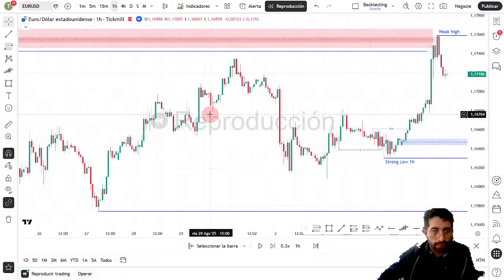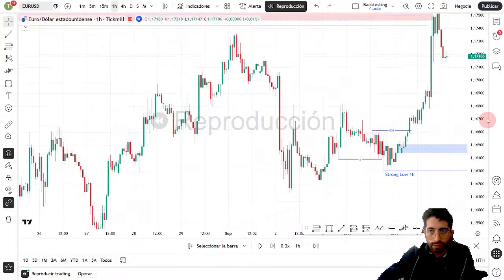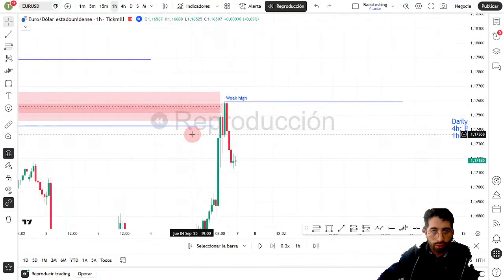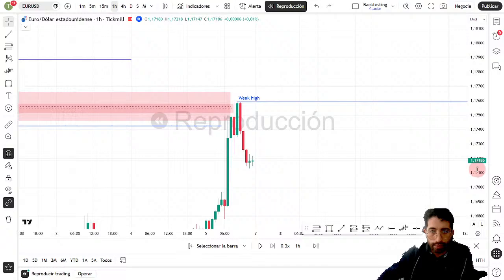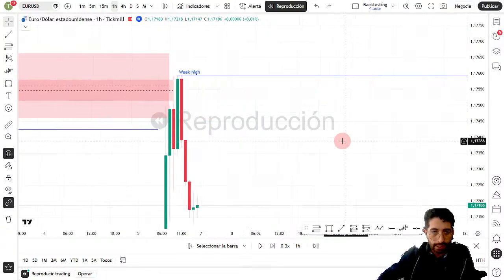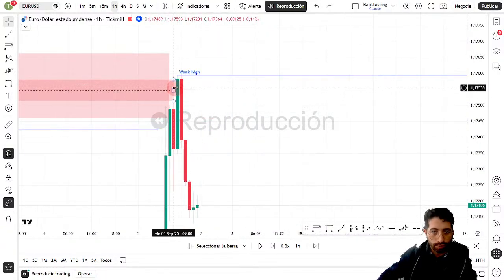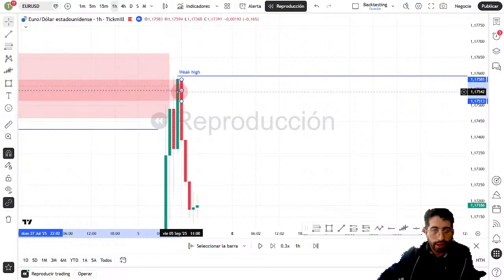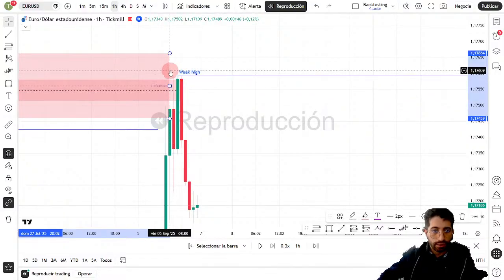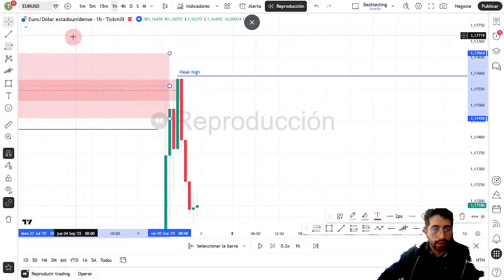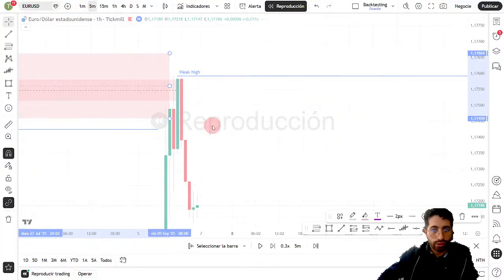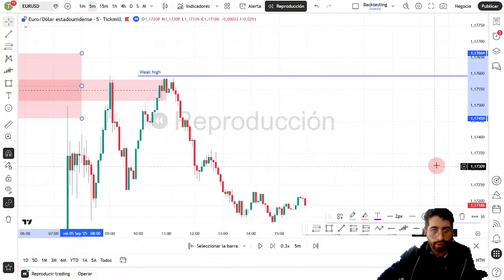Now that we have made that refinement and we go to the current market, we can see that right at this point, the price did have a reaction, as you can see, right? And now let's go to the 5 minute time frame to see if there was a confirmation pattern.